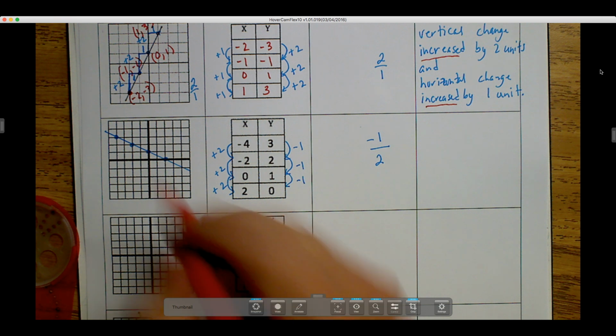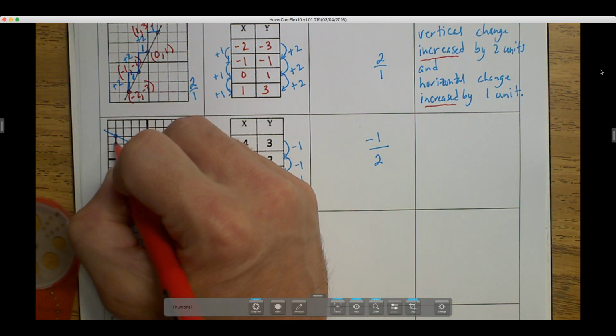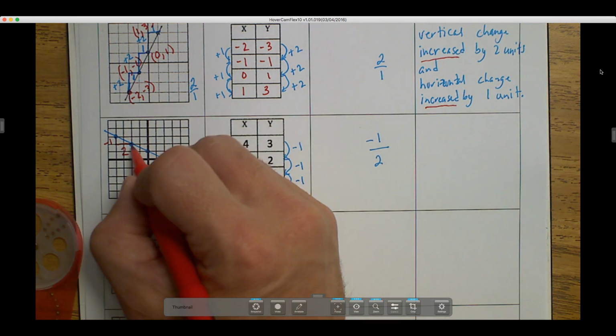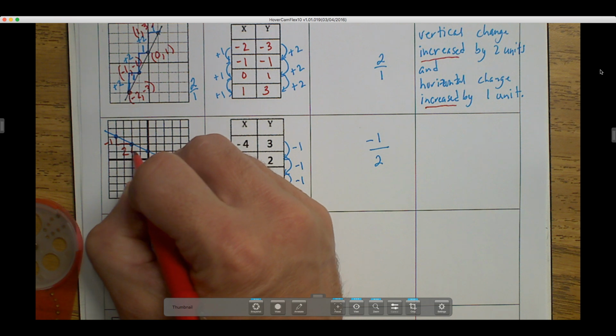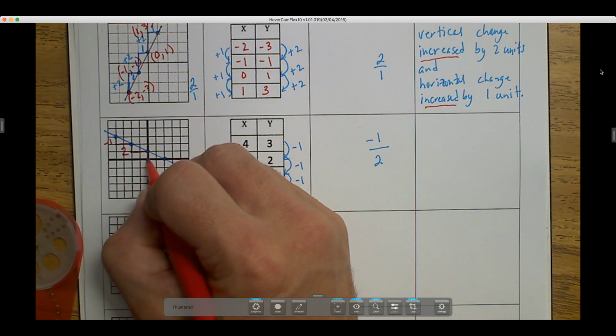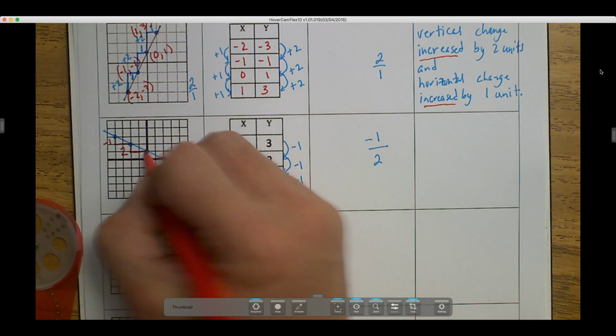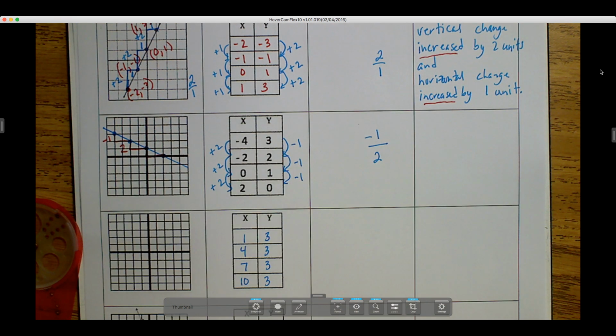Again, I always start at the point on the left, and I'm going down 1, -1. To the right 2. When you're moving to the right direction, it's a positive number. We go down 1, to the right 2. Down 1, to the right 2, and you'll notice that, following the pattern, we hit each point. So the slope here is -1/2.